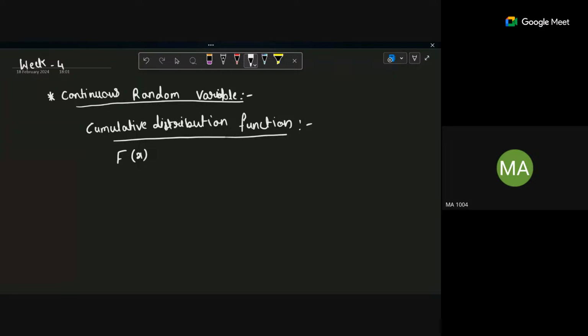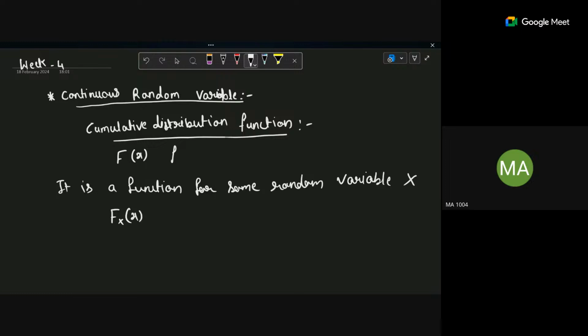It is a function for some random variable X, which is defined from R, the whole real line, to the closed interval 0 1, which satisfies some properties.